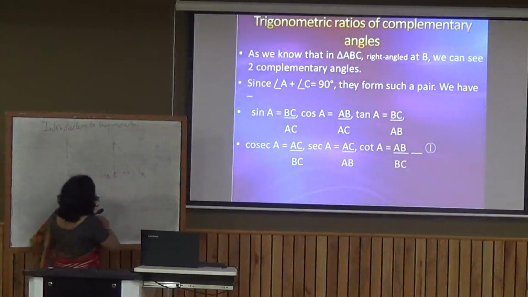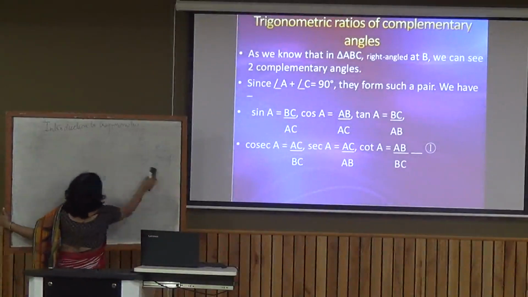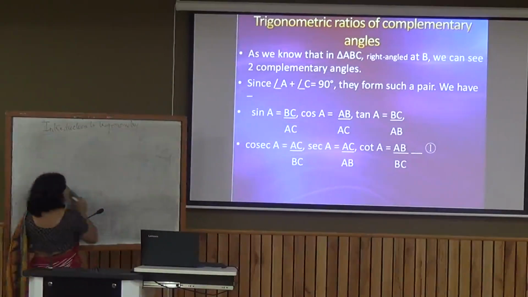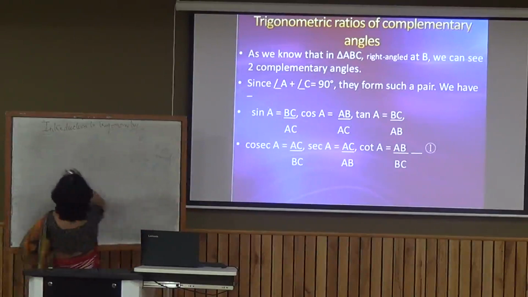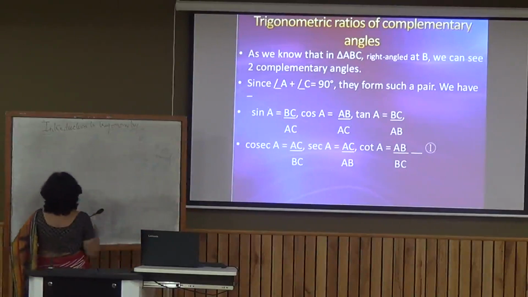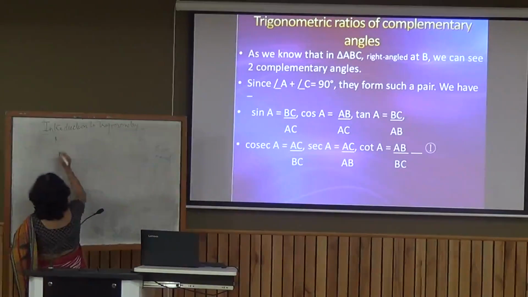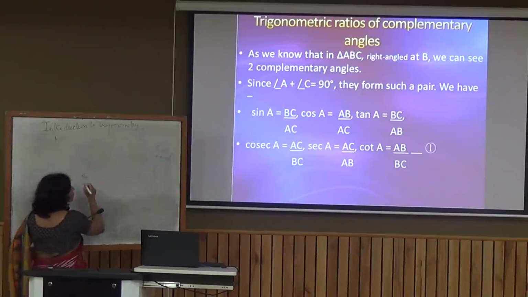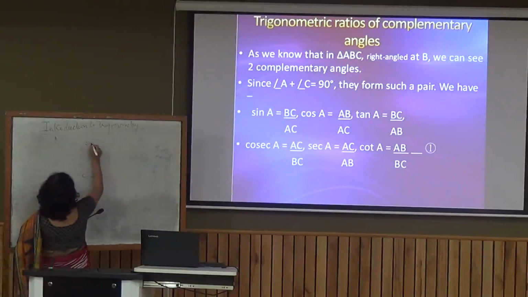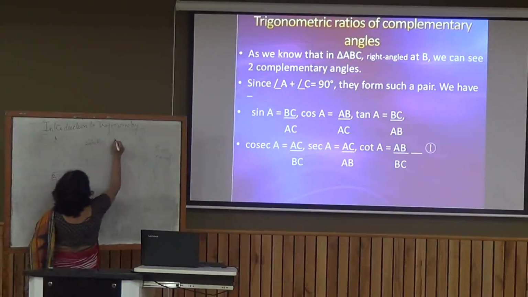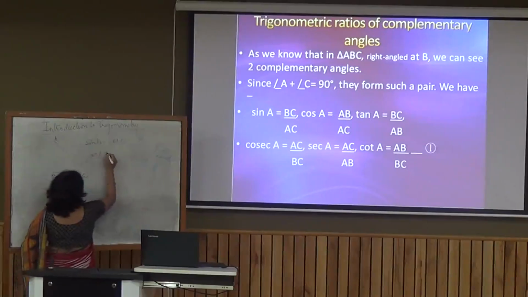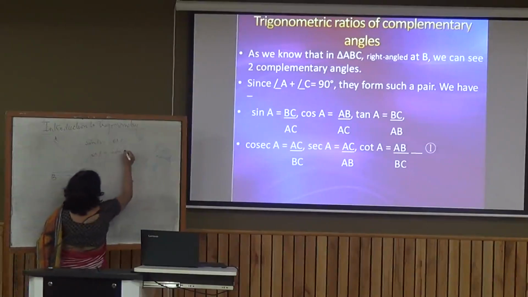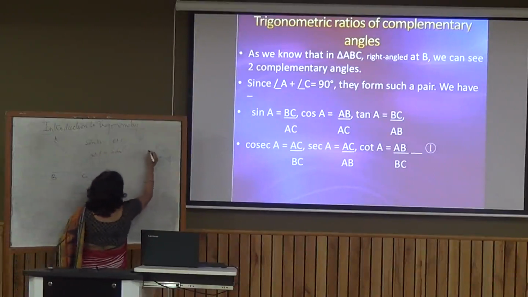When we had discussed trigonometry in the beginning, we had seen for complementary angles in the acute angle right triangle, our sine A was equal to cos C, and cos A was equal to sine C, where A plus C is 90 degrees.